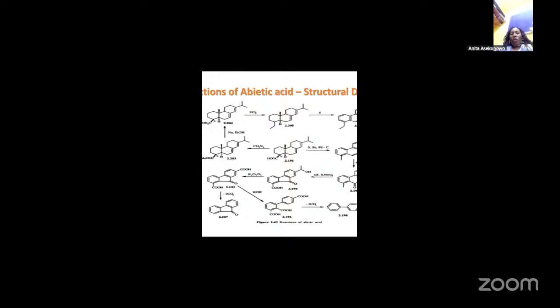So now, if you look at the first one using phosphorus chloride, you know that where the reaction is occurring is at that terminal place. At that terminal end, we have CH2OH.